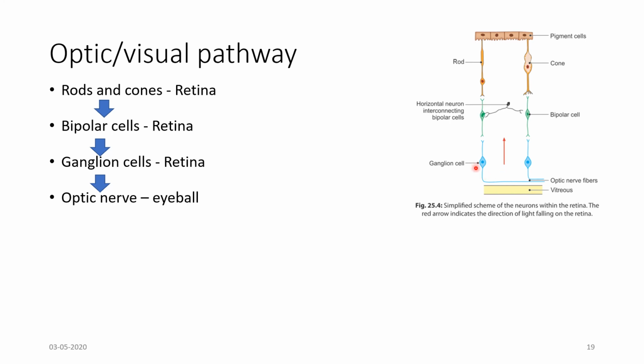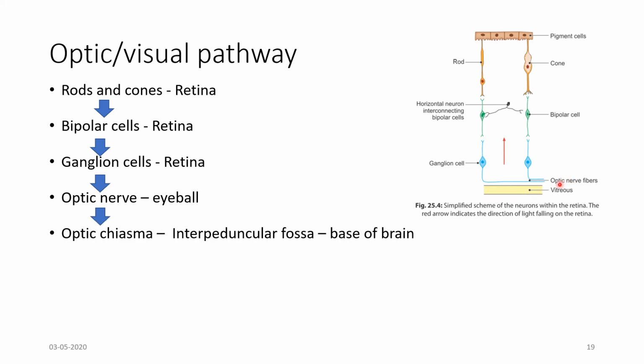From there starts the optic nerve from the eyeball, and it reaches what is known as optic chiasma, in the interpeduncular fossa at the base of brain. So the optic chiasma is formed by the decussation of the optic nerve fibers. From the chiasma starts the optic tract, which is also in the interpeduncular fossa.